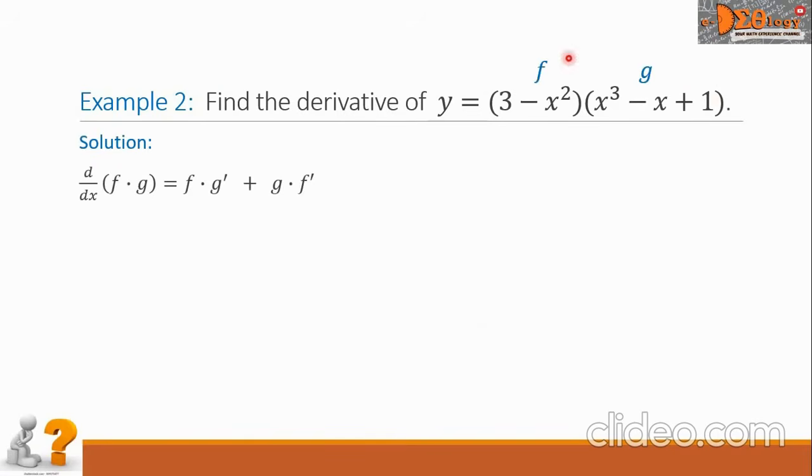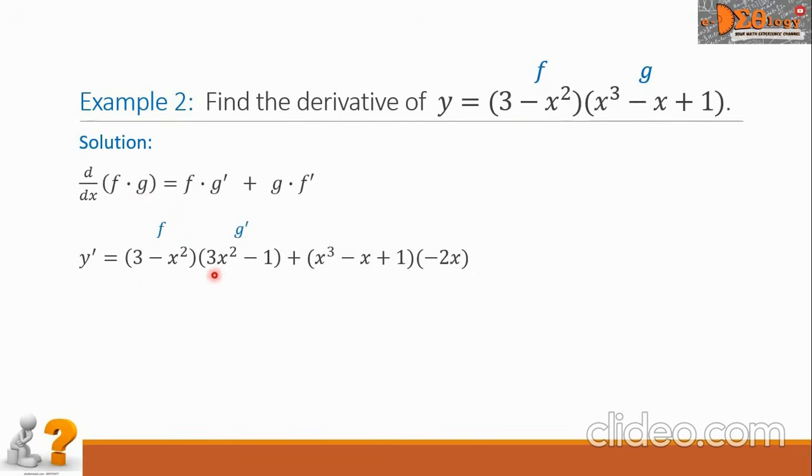And let us assign f for the first function and g for the second function. And for our derivative, we write like this. The first function here is f, that is 3 minus x squared, then multiplied by the derivative of the second function, that is g prime.